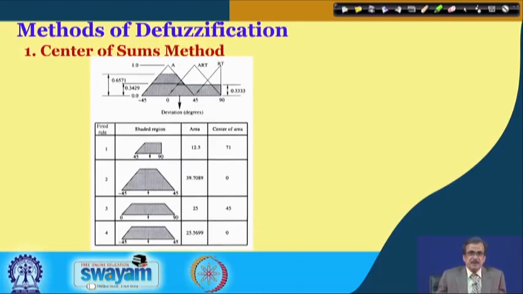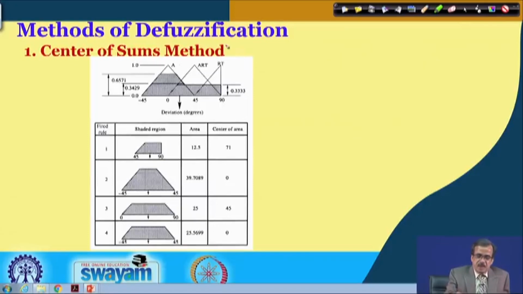Now, the first method, which I have already discussed the principle of, I am just going to apply to solve this numerical example. This particular method is the center of sums method. Let us see according to this how to determine the crisp output. Corresponding to the different fired rules, we will be getting different shaded regions as the fuzzified output.